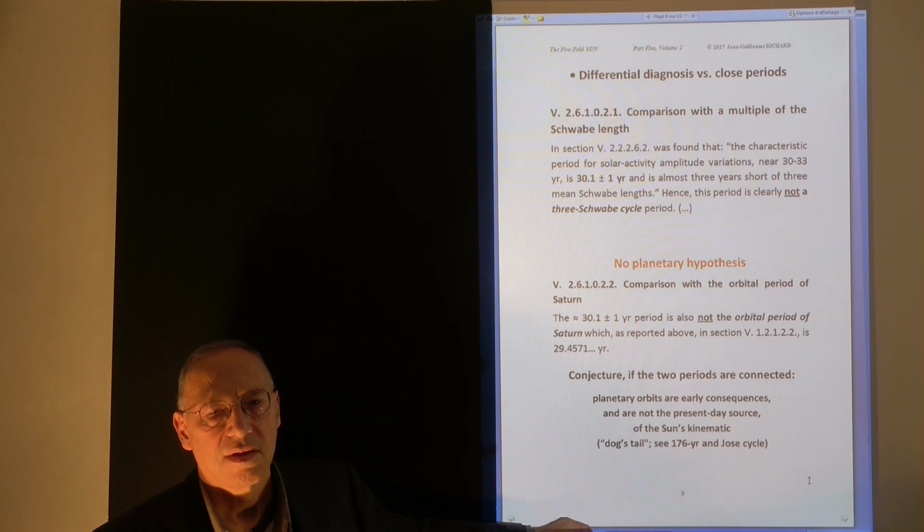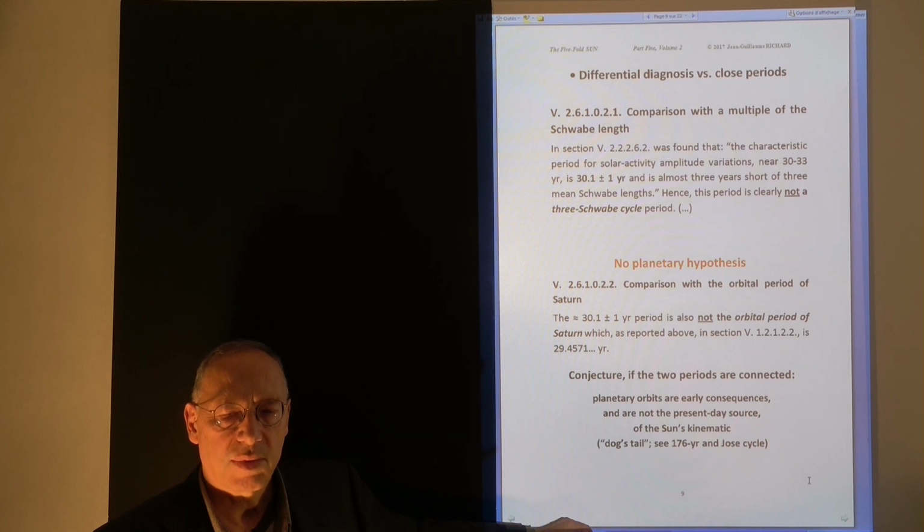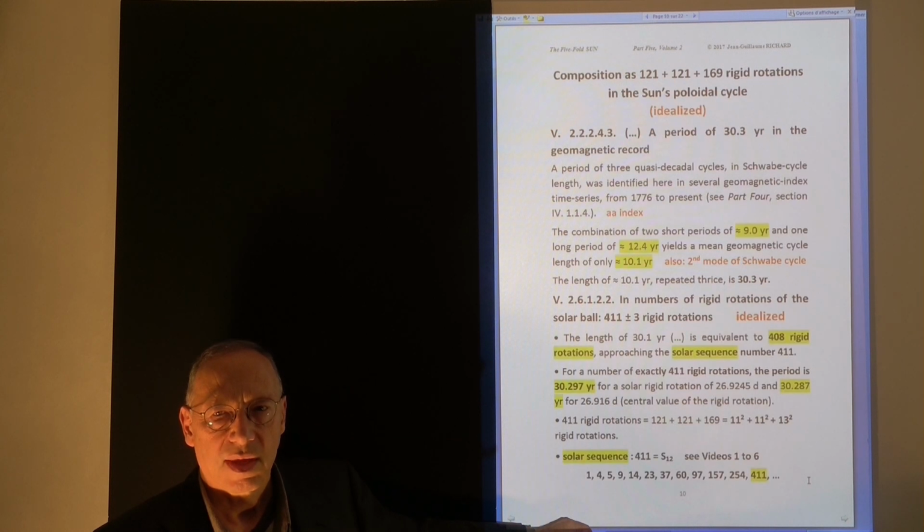173-year cycle or 168-year cycle, which was in the previous period doubling sequence in the previous video, compared to the Jose planetary cycle.